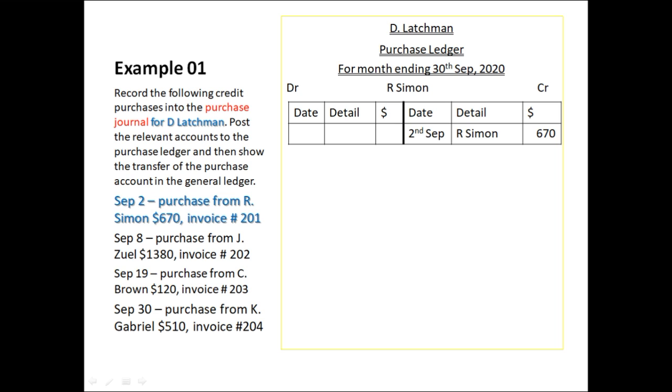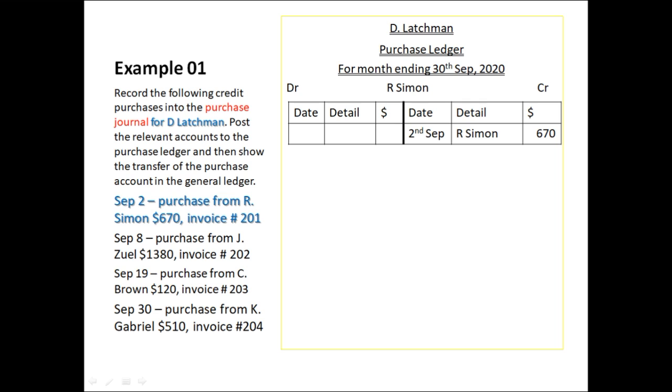And we ask ourselves the question, is R. Simon losing or gaining goods when we are purchasing from him on credit? He's not gaining cash, but he's giving us goods and we are receiving the goods.